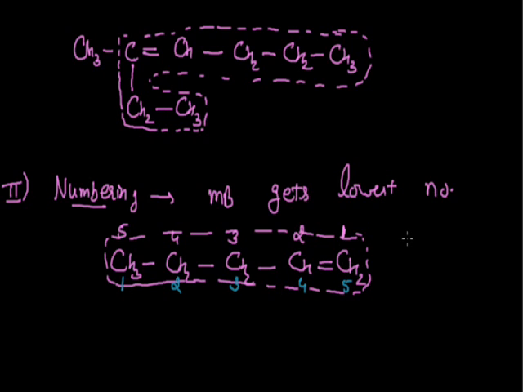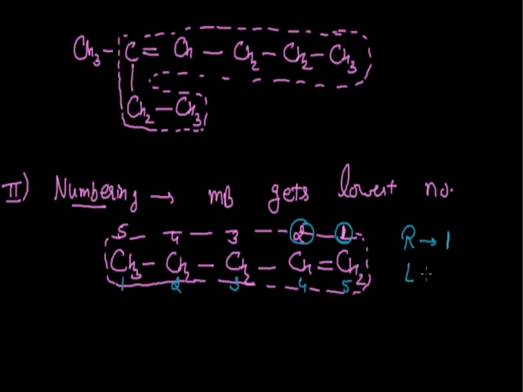So now, if we are to choose which numbering is correct, whether we should start the numbering from the right hand side or from the left hand side, we will count from where the multiple bond is getting lowest number. According to this, if we see the position of double bond from right hand side, the double bond is coming between first and second carbon atom, and according to the lowest rule, it is coming at first position.